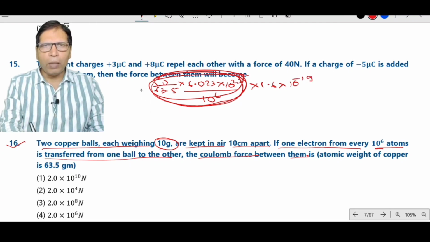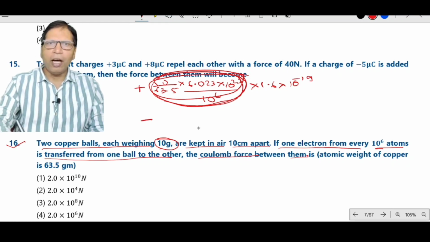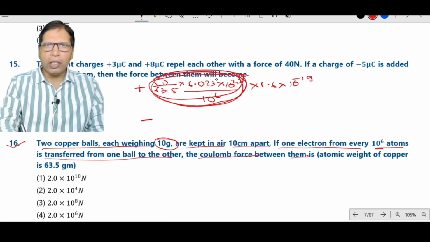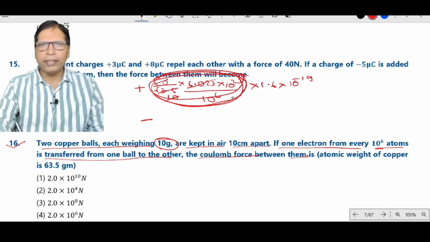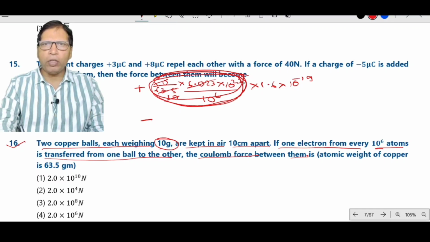So one copper ball has this amount of positive charge, and the other becomes this amount of negative charge. For simplicity, you can calculate this and this. This is almost 10, and this and this cancel out. So this is 10 to the power 23 and 10 to the power 19.